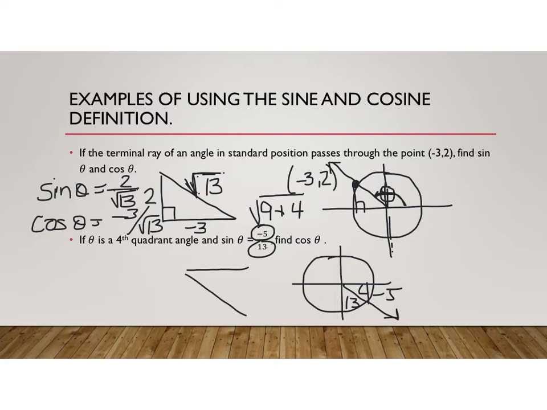So that triangle looks like this. This is 5, this is 13. Using the Pythagorean theorem, or again those Pythagorean triples, 5, what, 13? 5, 12, 13. So then the cosine of theta, and if it's in the fourth quadrant, I know this is positive. The cosine of theta would be a positive 12 over 13. X over r.